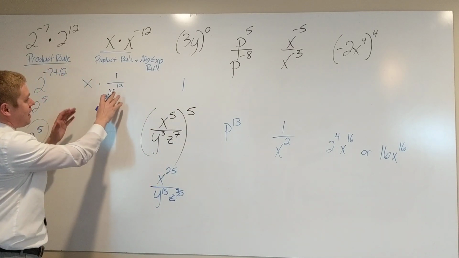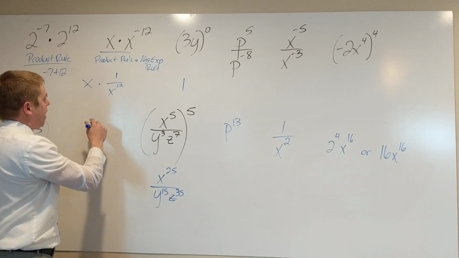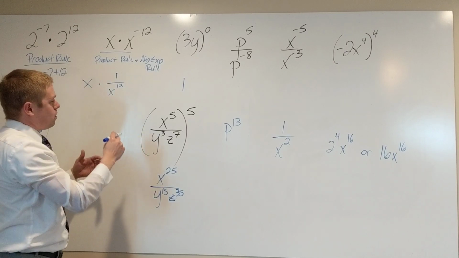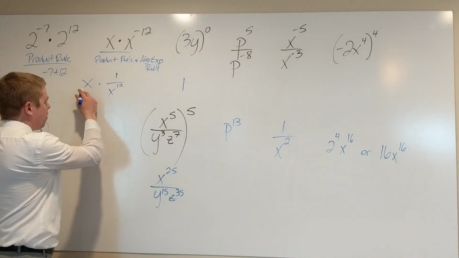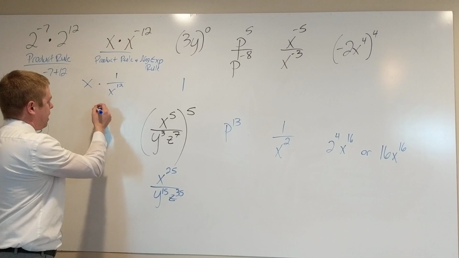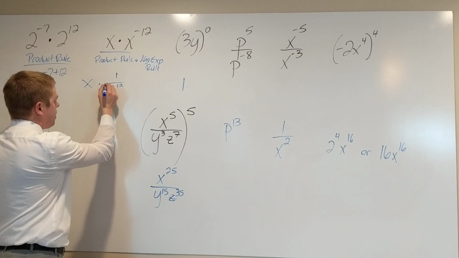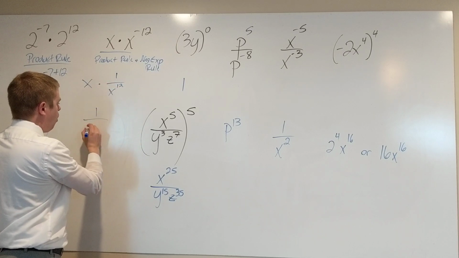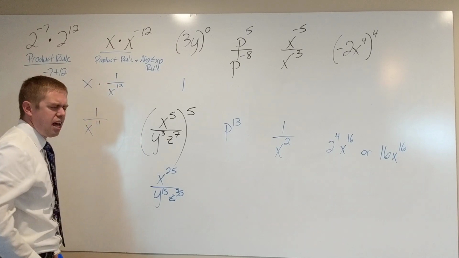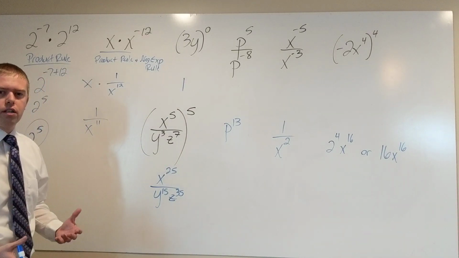But we take this and we say, okay, now we've got x times this, we've got to add them, but we're adding on a fraction. And so it just ends up confusing a lot of people, but what we really do is, with it being on the bottom half, it does become 1 over x to the 11th. And that's kind of counterintuitive. But it does work the same way.